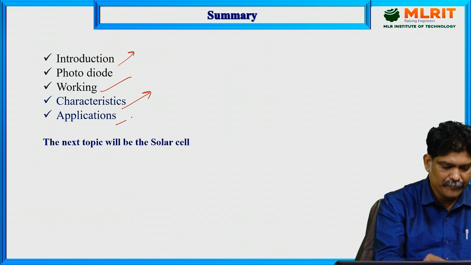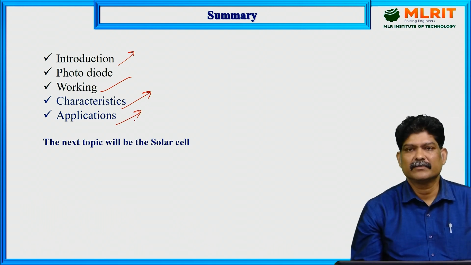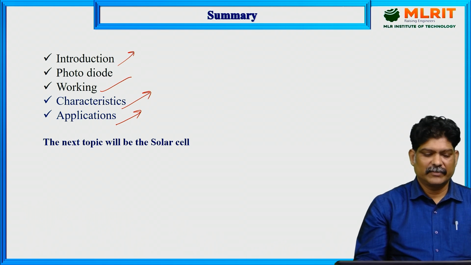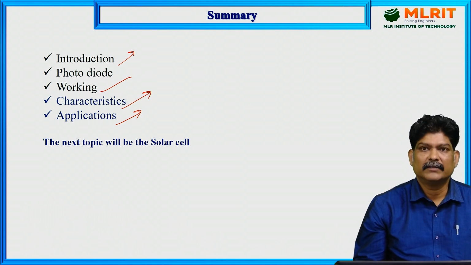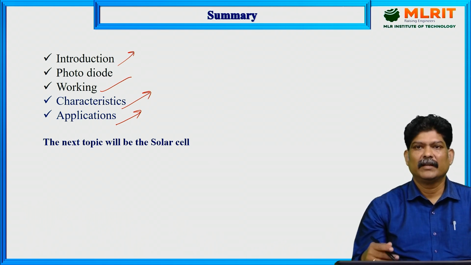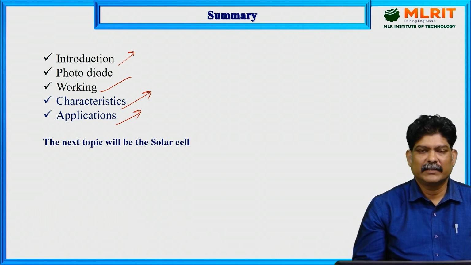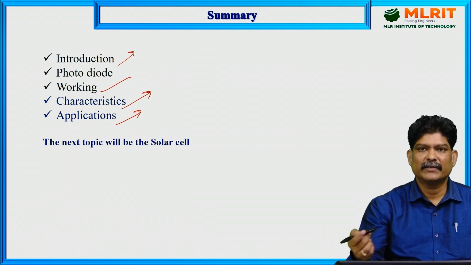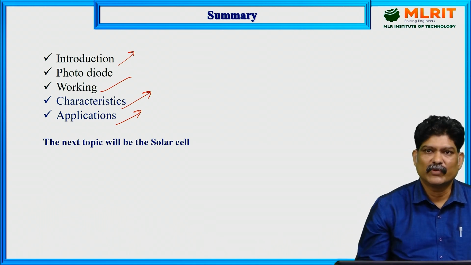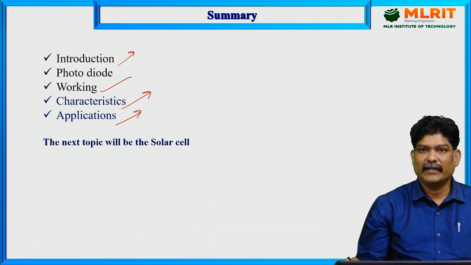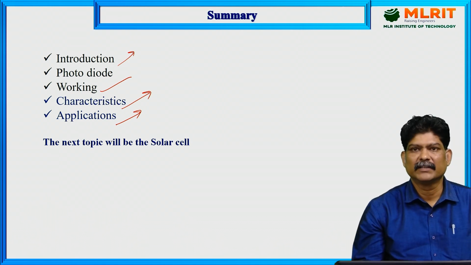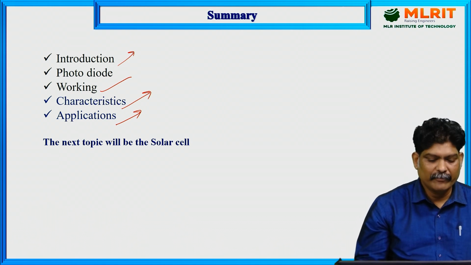And we have discussed different applications of the photodiode, particularly digital circuits, RF circuits, detecting visible and invisible signals, and in demodulation circuits we can use a photodetector to detect the signals. So that's all for today's session, and the next topic will be the solar cell.